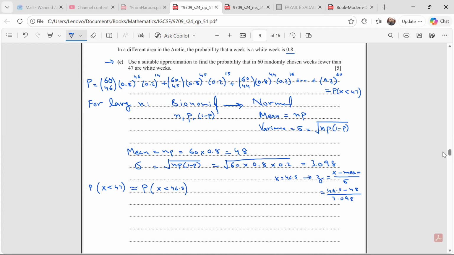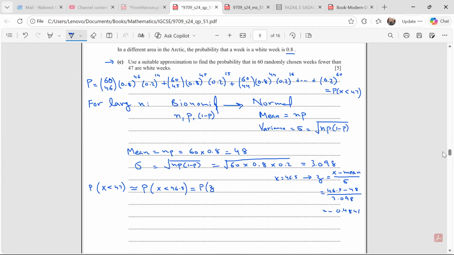And this quantity comes out to be minus 0.4841.